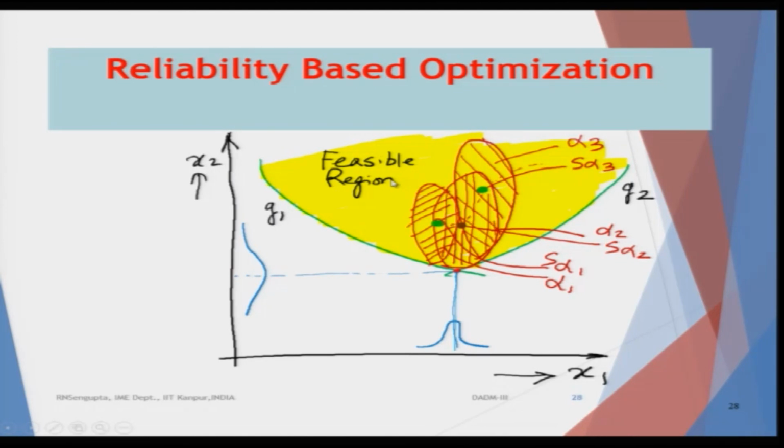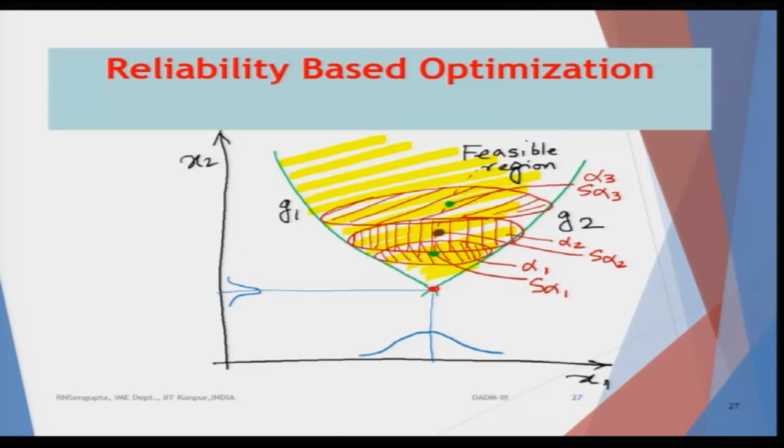In the similar way, I should mark it properly. So, this is the feasible region.